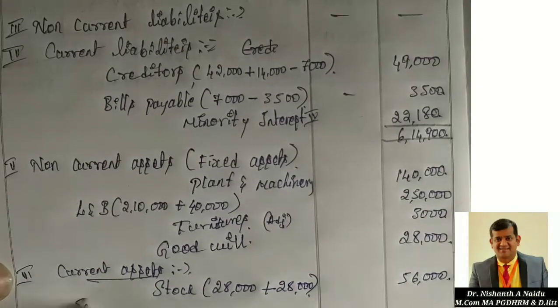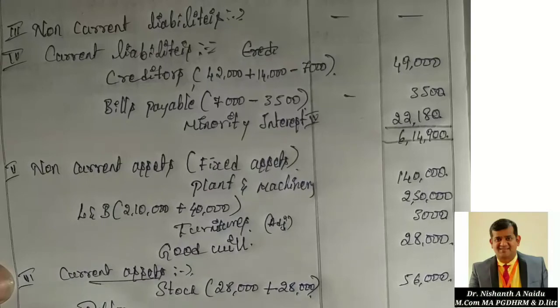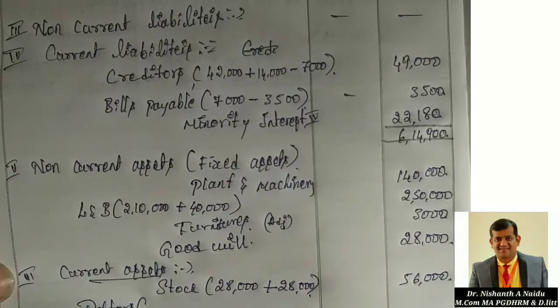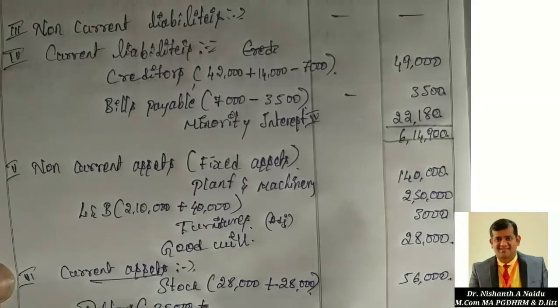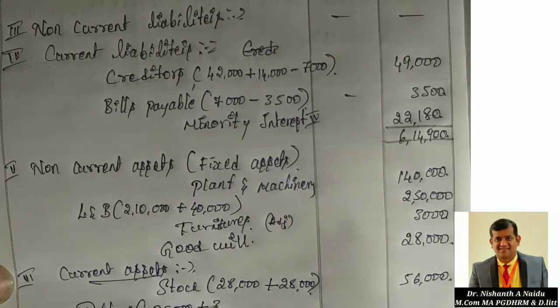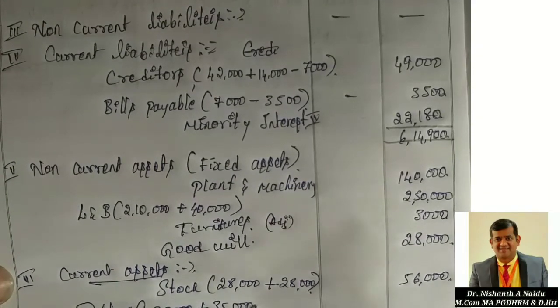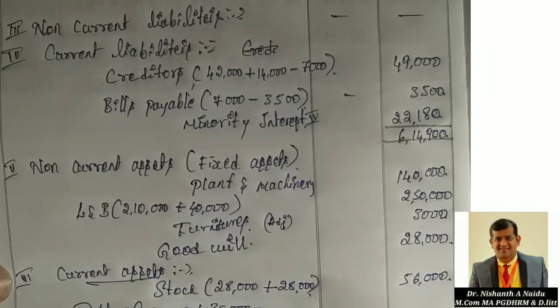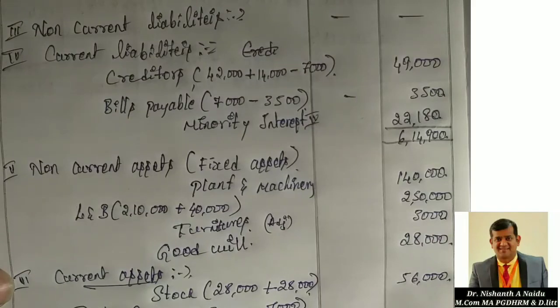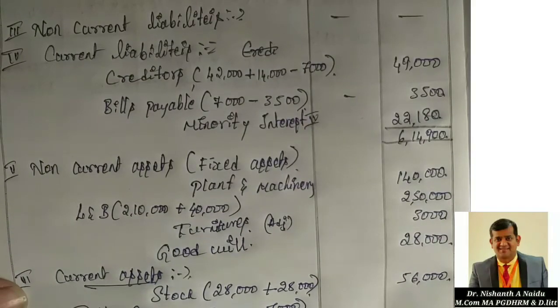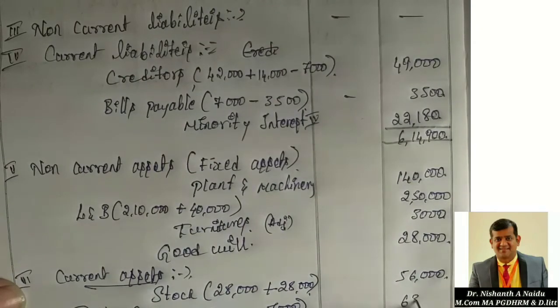Next we have debtors. P Company Limited debtors value is 35,000 rupees plus Q Company Limited 35,000. There is an internal adjustment which we reflected for creditors, that is 7,000, which you need to deduct. So 35 plus 35 minus 7 is 63,000.